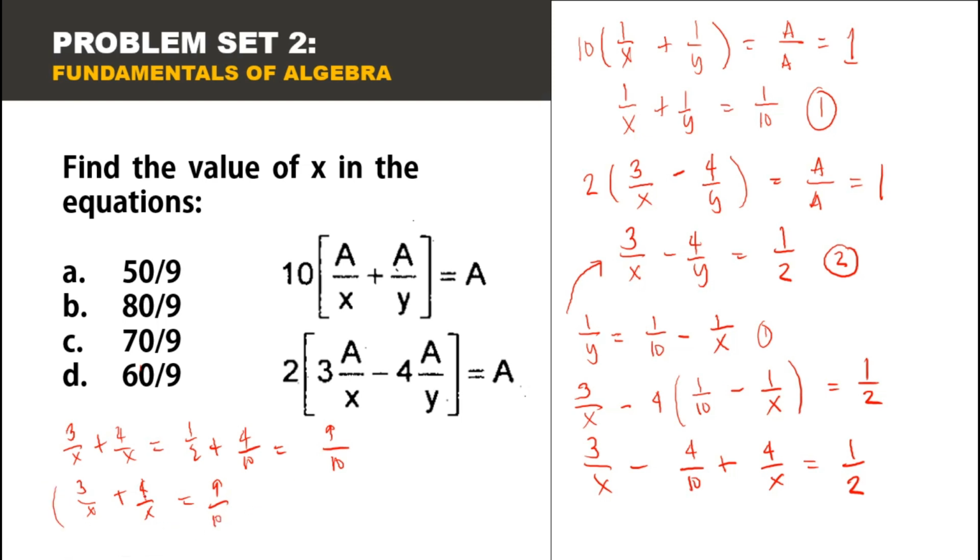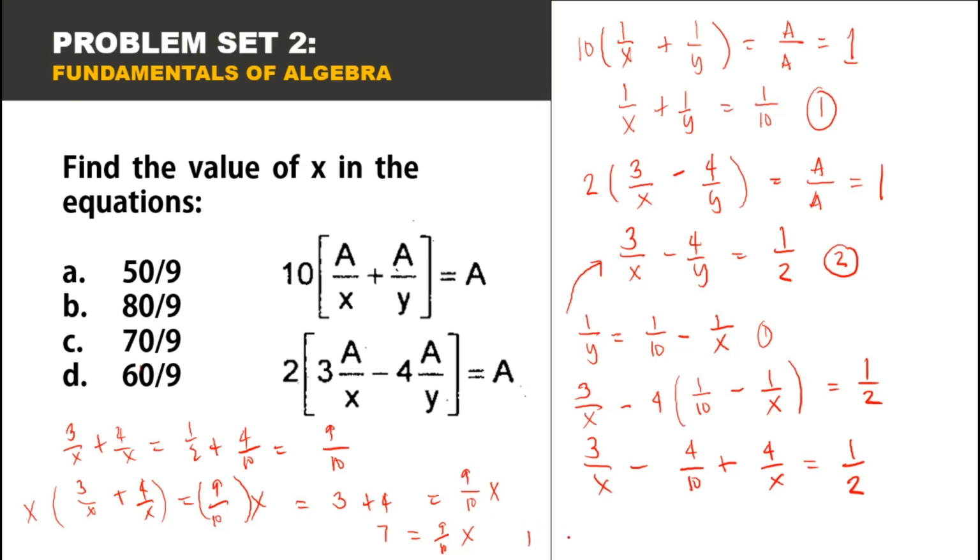We can multiply x to both sides. So x times 3 over x, that is 3. We have 3 plus 4, so we have 7 is equal to 9/10 times x.